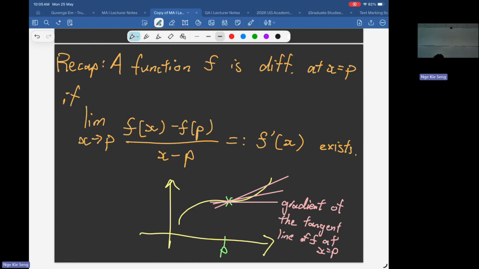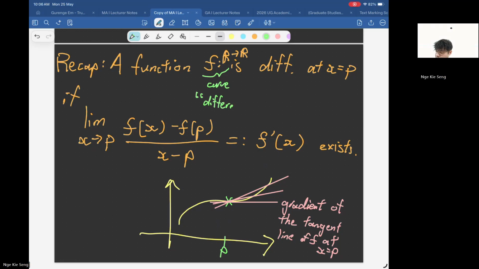So actually, secretly, we think of a function from R to R as a curve here. When we draw this, we regard this function as some curve, so this will involve some differential geometry.